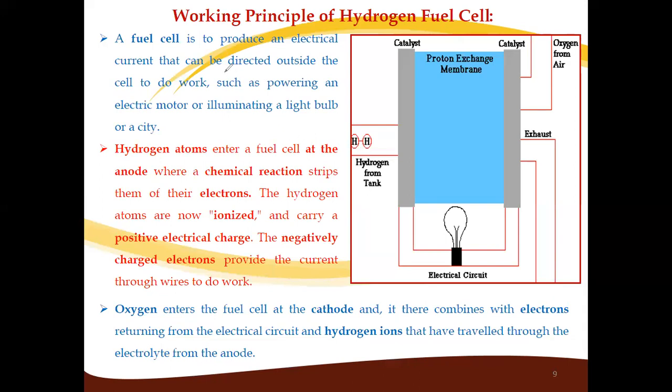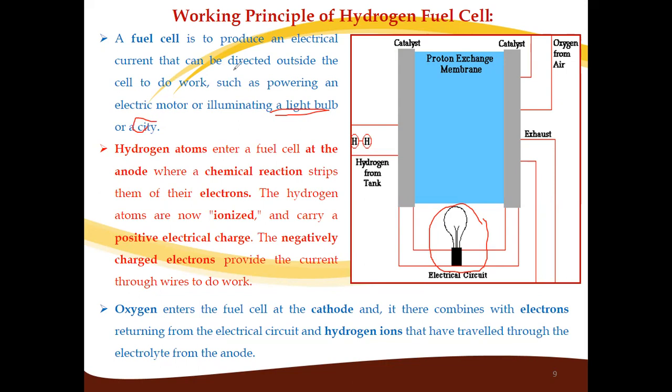The purpose of a fuel cell is to produce an electric current that can be directed outside the cell to do work, such as powering an electric motor, illuminating a light bulb, or illuminating a city.